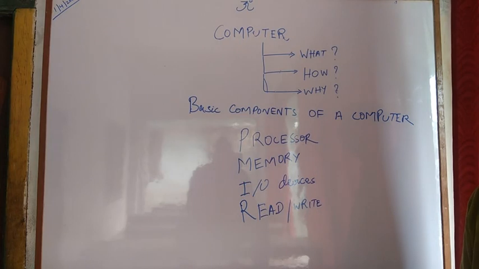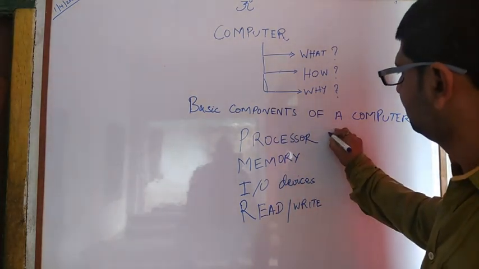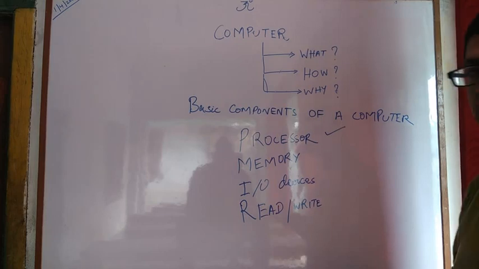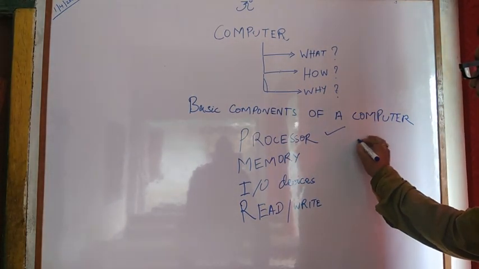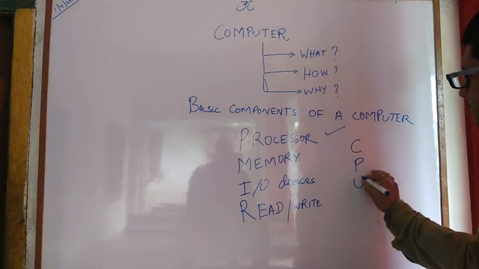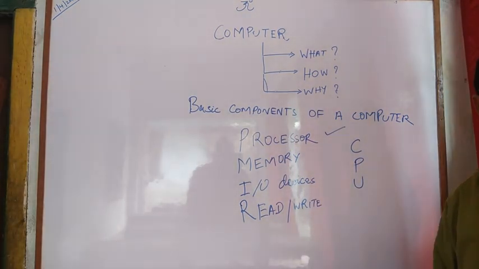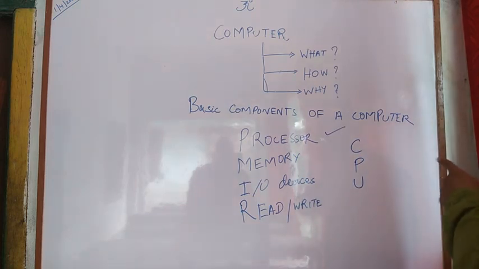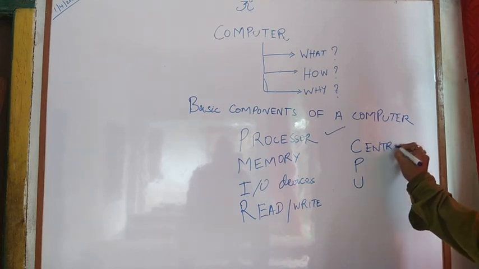Now, these are the four basic components of a computer. That is the processor, which is the brain of the computer, or the processor is also known as, very good, friends, we all know.